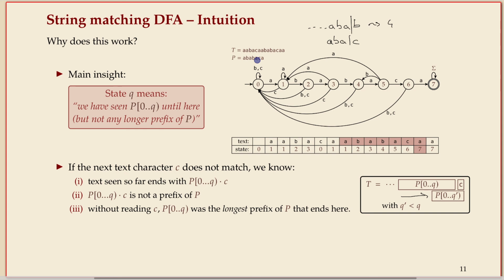I have to shift the pattern entirely to the right, so the earliest occurrence can start after the C. That's why I go back to state 0. The longest prefix of the pattern I can have seen at this point is empty. There's no way I can start with a C.